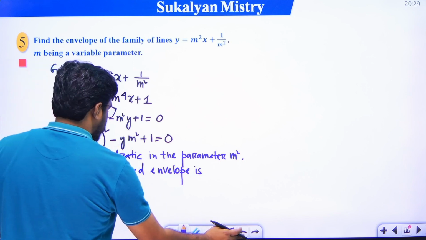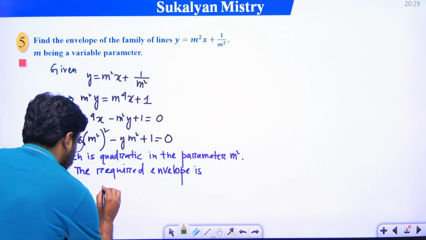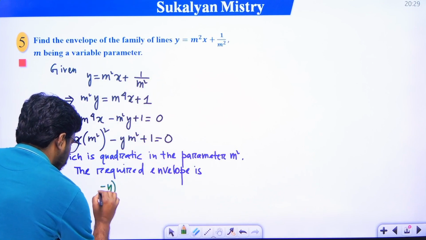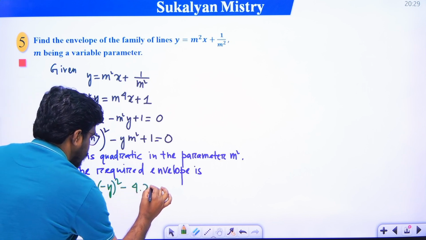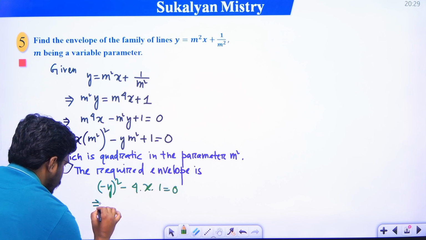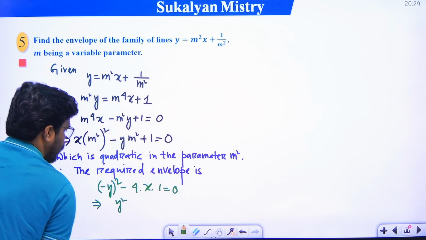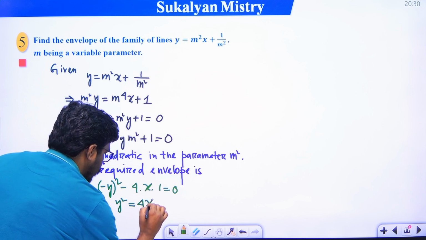So b square minus 4ac, where b is minus y, a is x, c is 1. Okay, so that means y square minus 4x, that is y square is equal to 4x.